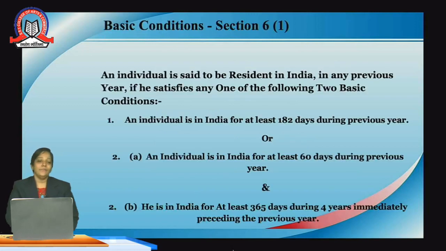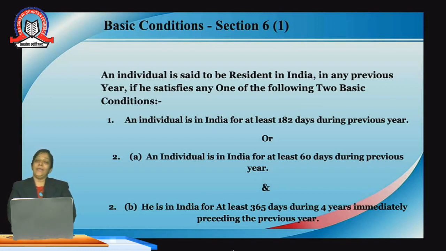Then further, we will be writing the basic conditions. As we have already discussed, what are the basic conditions? An individual is required to satisfy any one of the basic conditions of section 6 subsection 1.